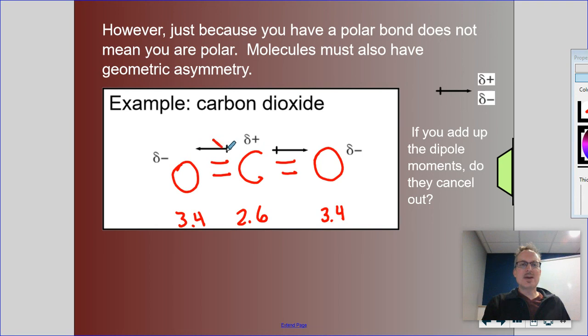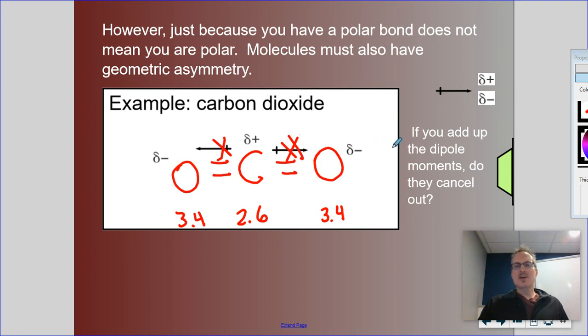Now, an easy way to think of this is, let's pretend we're having a tug of war. I pull with a force and you pull in the opposite direction with the same force. Nobody's going to win. When we add these bond dipoles together, one goes left, one goes right, nobody wins.